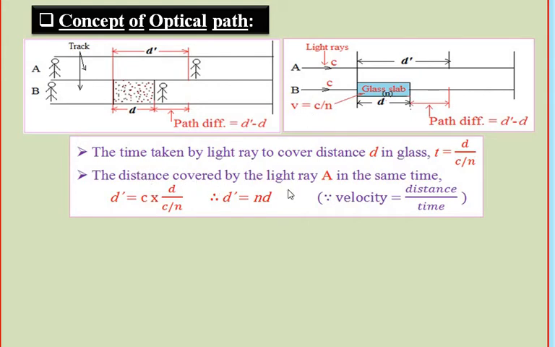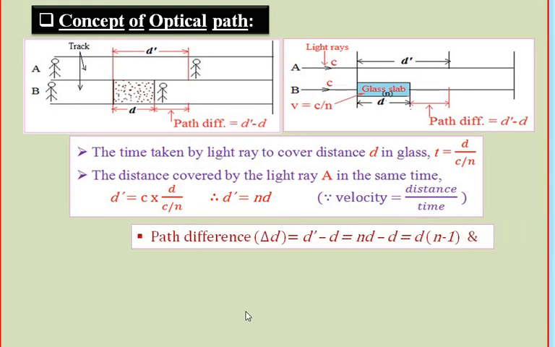The distance covered by light ray A in the same time, that is distance D dash, is equal to velocity C into T, that is D divided by C upon n. Therefore, D dash is equal to n into D, because here C gets cancelled. We get D dash equal to n into D, because velocity is nothing but distance upon time.